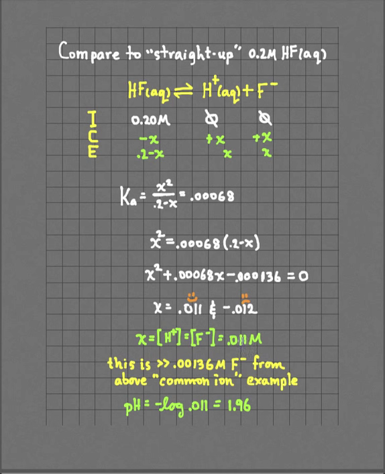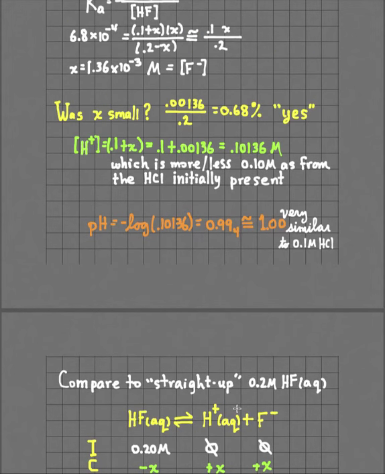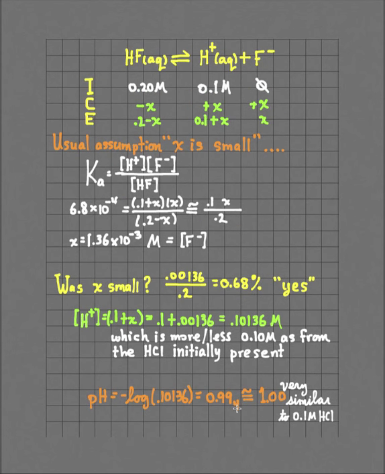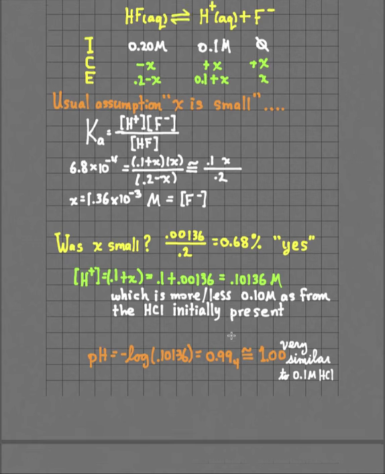The negative log of 0.011 is very close to 2. So we'd have a much higher pH, much different pH, as compared to what we just had up here of pH of 1. But this pH of 1, the hydrogen ion concentration that generates this pH of 1, is really coming from this hydrogen ion in water already.